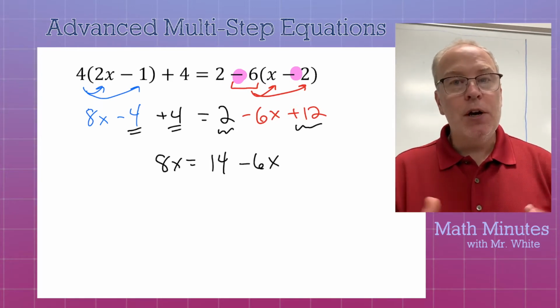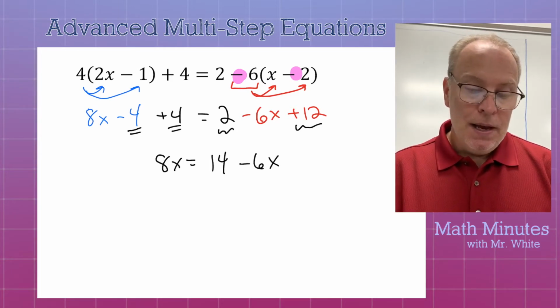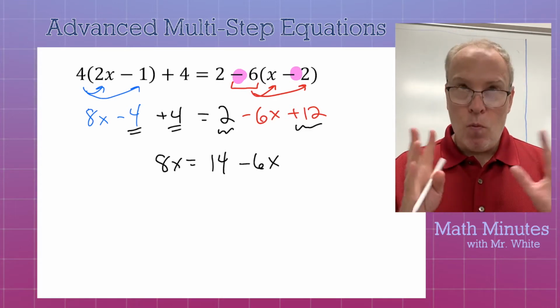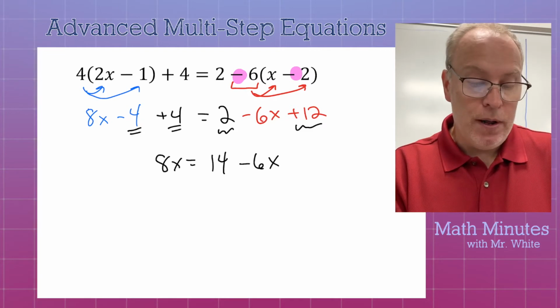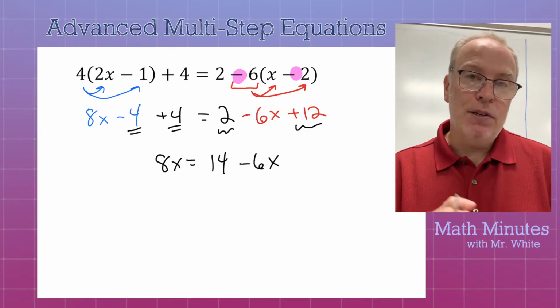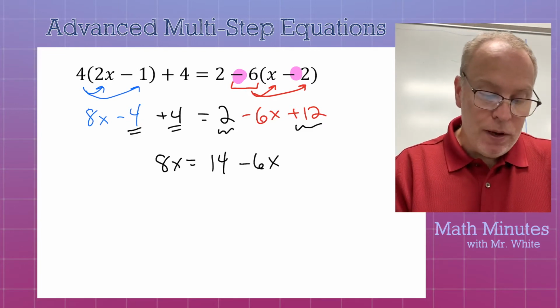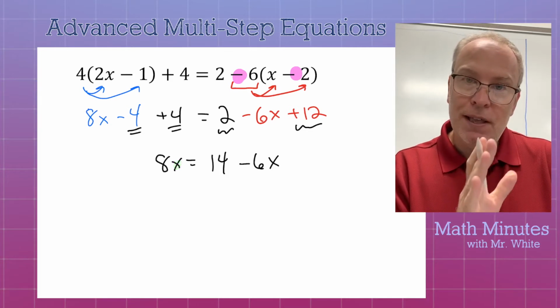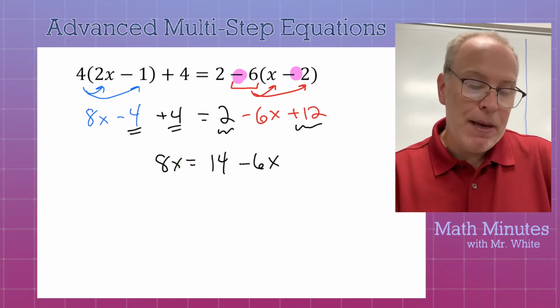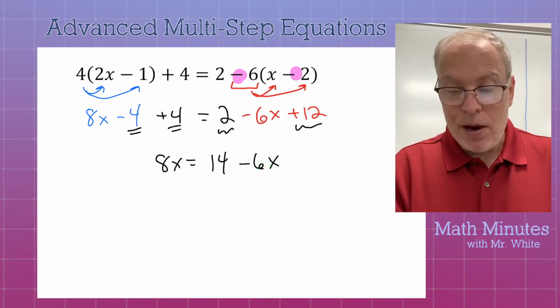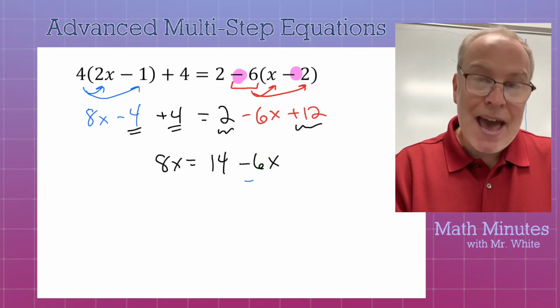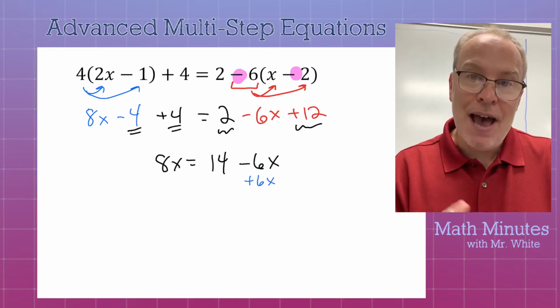So here we have variables on both sides. I encourage you, once that happens, to deal with that first. And I want you to think about what you want to get rid of. It's a great way to think about this. Think about what you want to get rid of. I would really like to isolate or get the x's all to that left side maybe. So I want to get rid of this guy. How do I get rid of it? Well, just put a +6x.